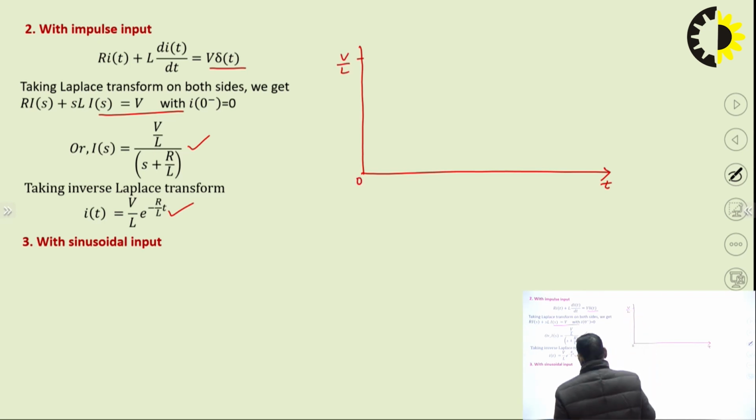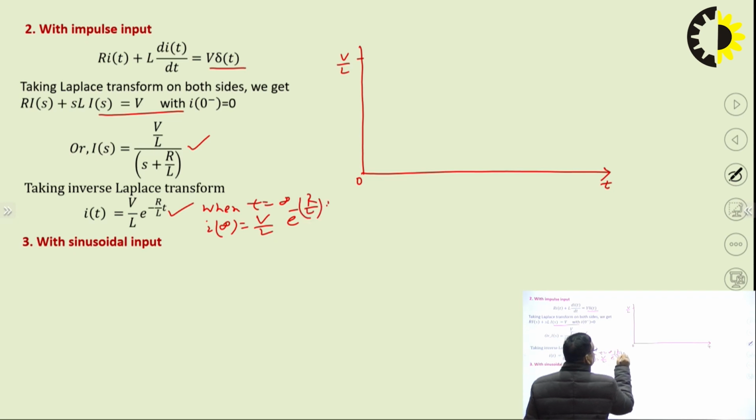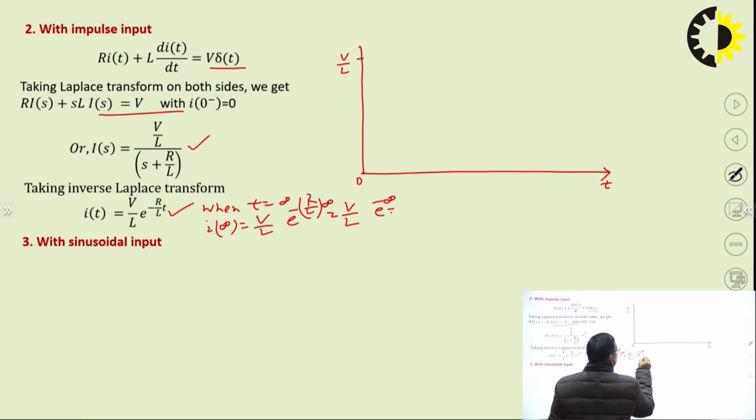This is 0. When t is infinite, it means e to the power minus infinity. So, when t is equal to infinity, I infinity is V by L e to the power minus R by L into t, which is V by L, then e to the power minus infinity, so V by L times 1 by e to the power infinity.